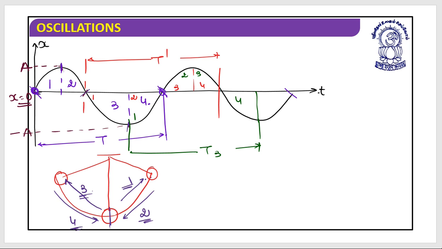That means time period is when the function is going to repeat itself, because as we know, all simple harmonic motions are periodic motions. Periodic motion is the one which is going to repeat itself after a fixed interval of time. So this is the time period.